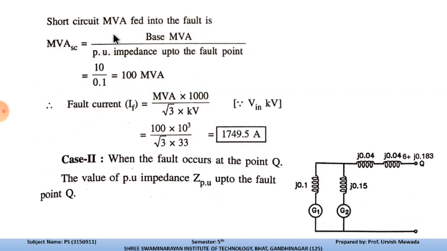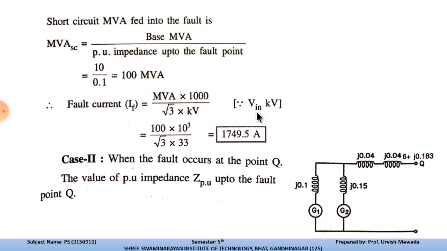Now the short circuit MVA fed into the fault, that is the MVA at short circuit, is the base MVA that we have selected, 10, divided by the pu impedance up to the fault point, that is 0.1, that we have calculated from the previous slide. Now the fault current IF is equal to MVA into 1000 divided by root 3 into kV, that we have already discussed.